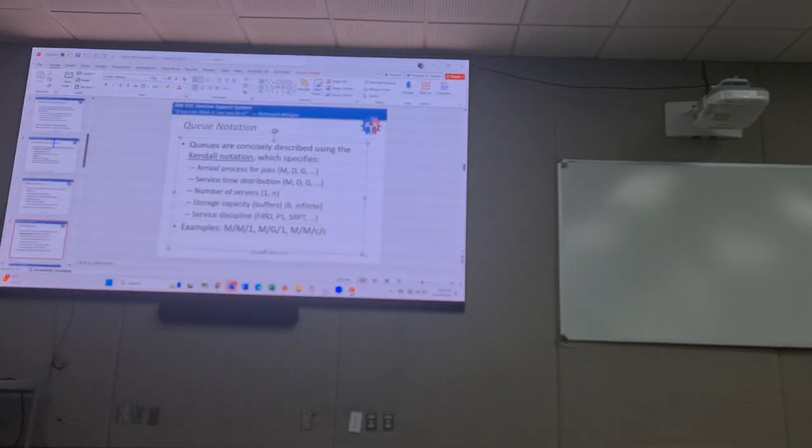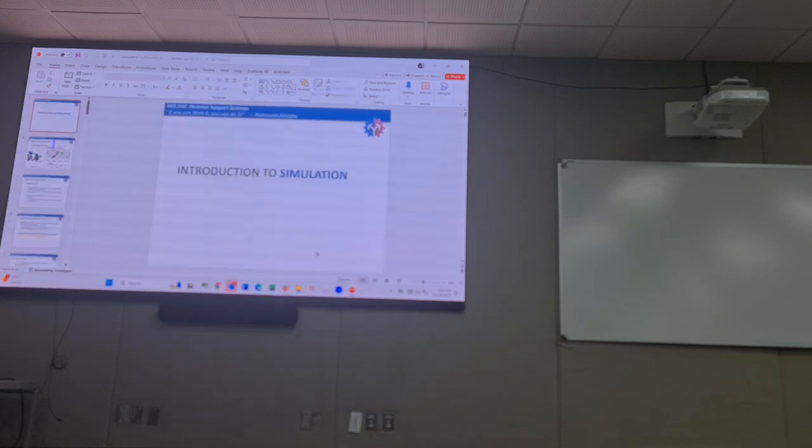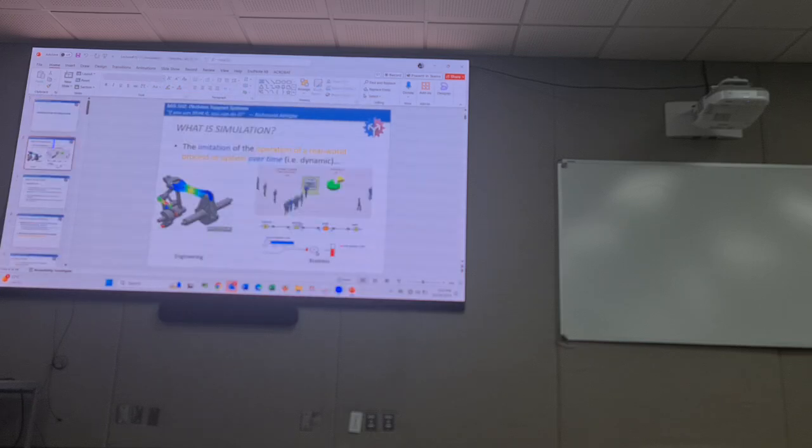So last time we started talking about simulation. You use simulation when the queuing problem becomes queuing networks, and you don't have the math to deal with it.